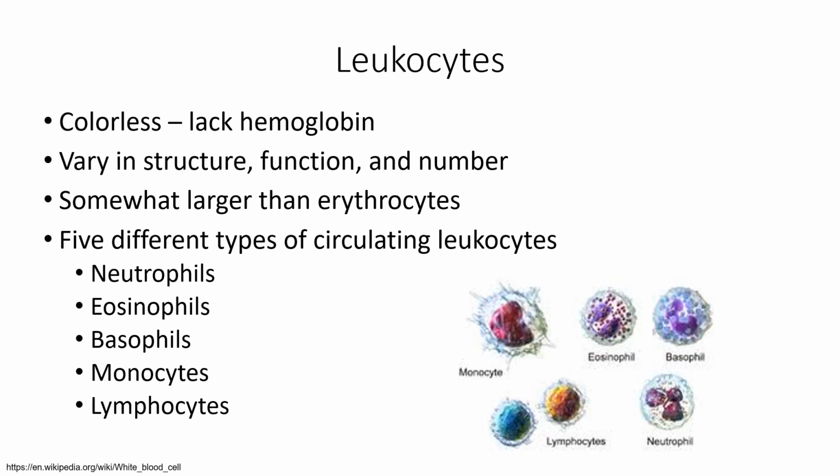Leukocytes, leuko meaning clear, are colorless because they lack hemoglobin. They can vary in structure, function, and number. They're somewhat larger than erythrocytes, and there are 5 different types of circulating leukocytes: neutrophils, eosinophils, basophils, monocytes, and lymphocytes.